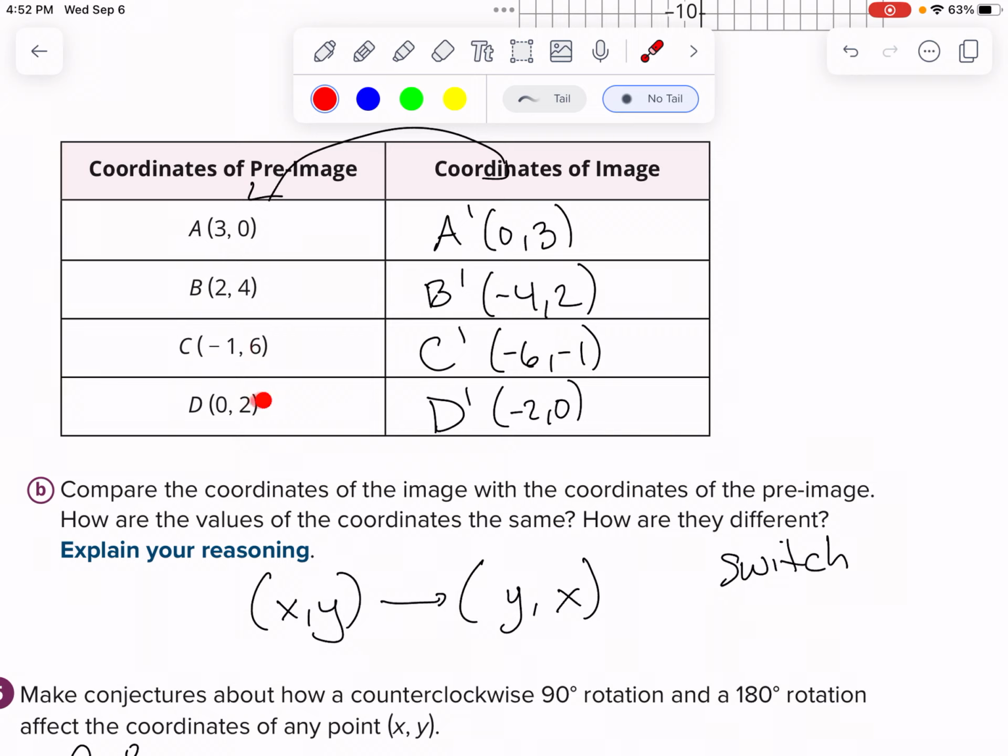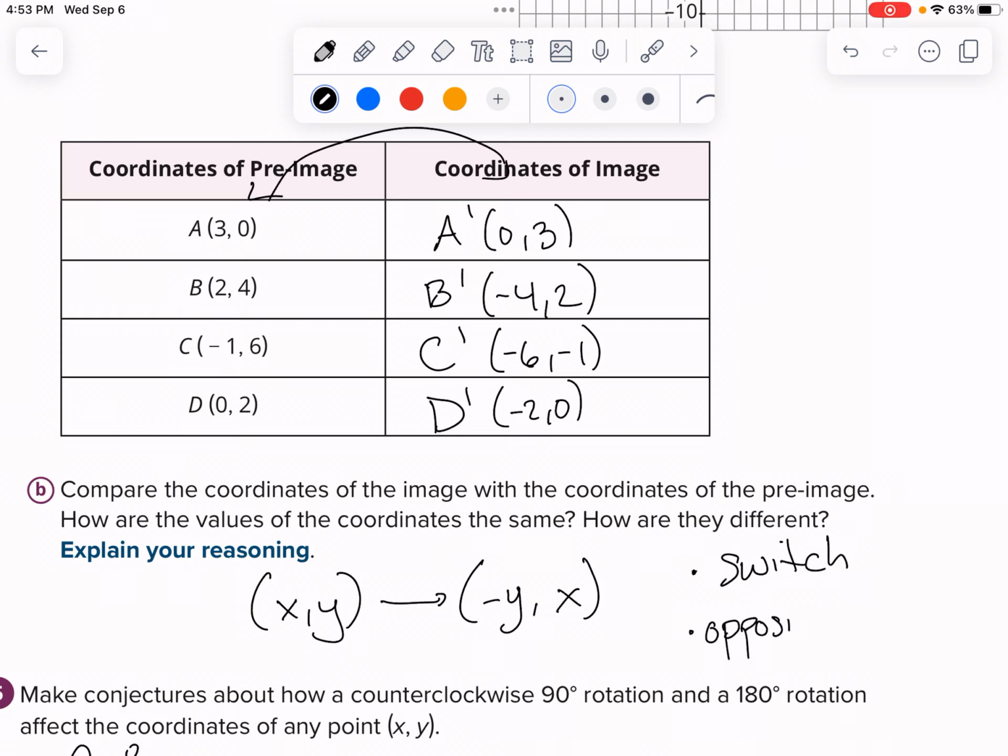This is a positive 2. It becomes a negative 2. So what happens here is that y, that first value becomes negative. So we're going to say you have to switch and make a negative, or change, not a negative, sorry, opposite of y. This rule right here is the rule.